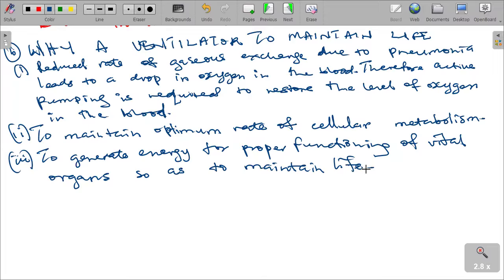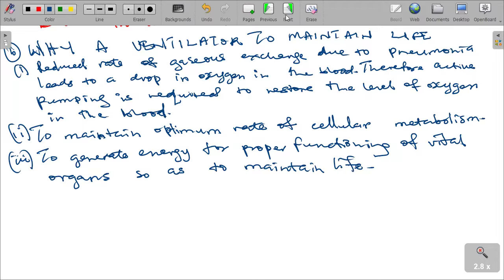So a ventilator is used for reasons such as the ones I'm mentioning here. They are quite relevant with regard to the use of a ventilator. It is to maintain proper functioning of vital organs, so therefore life is not lost. You understand?